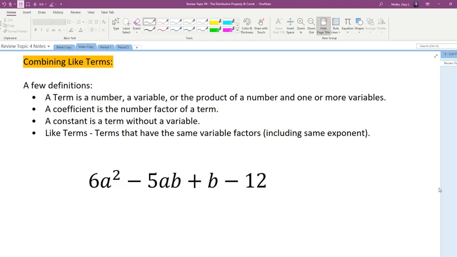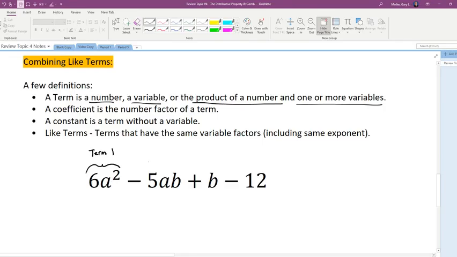So, for example, I have what's called a polynomial here on the screen. We'll talk about that later in the year. And we have what would be called 4 terms, because a term is separated by positives and negatives. So remember, a term is a number or a variable or the product of a number and one or more variables. So in other words, this piece right here is term 1.